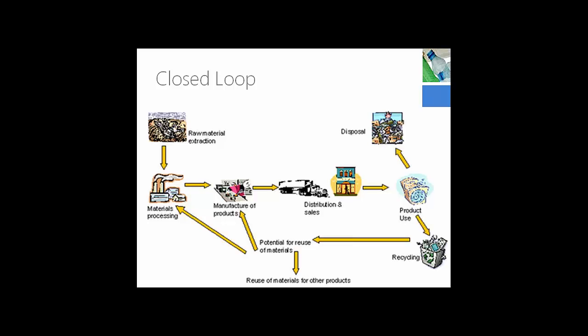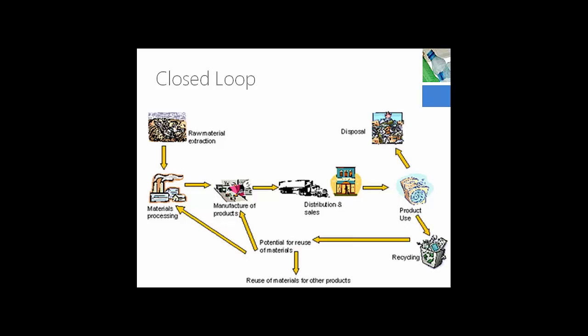As you can see, once you throw it away, the picture kind of ends there. I mean, there are a lot of things that happen after that, and we'll talk about that when we get into the landfill section. But the better alternative is to go to the bottom right and recycle those materials and put them back in the system, because you can see what happens as you recycle them. Then they can go one of two ways.